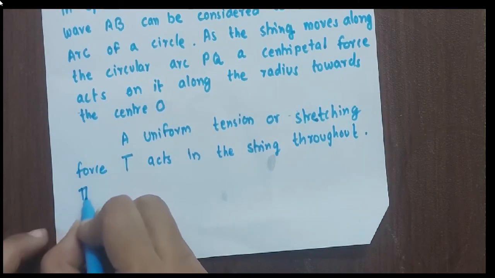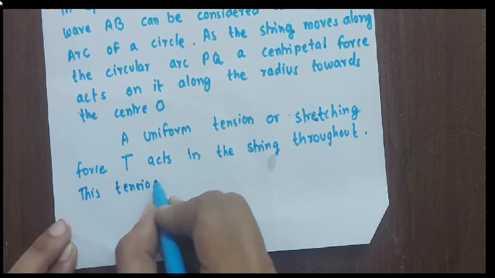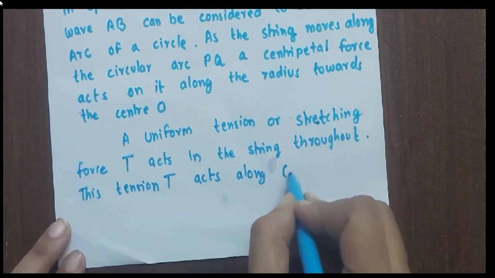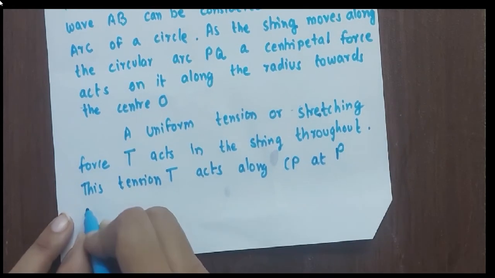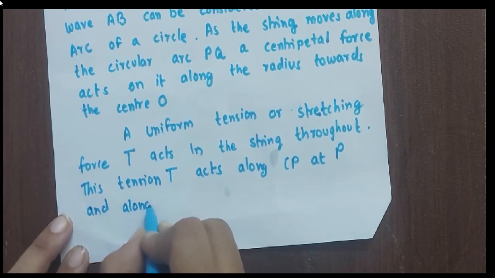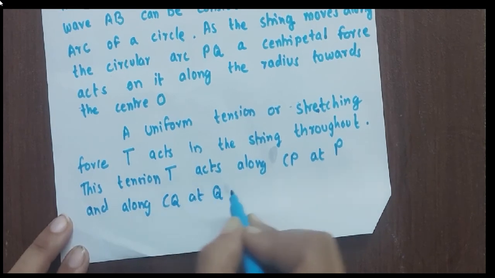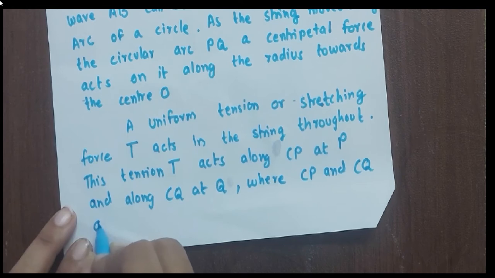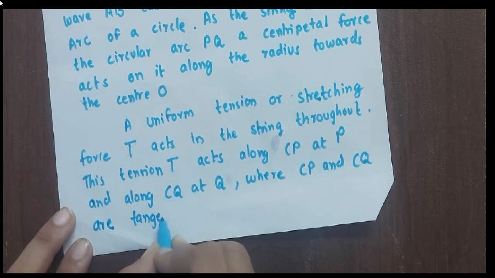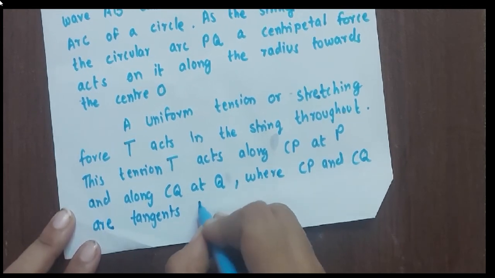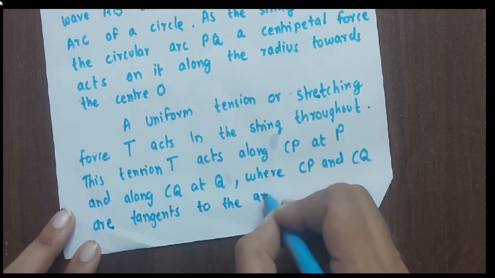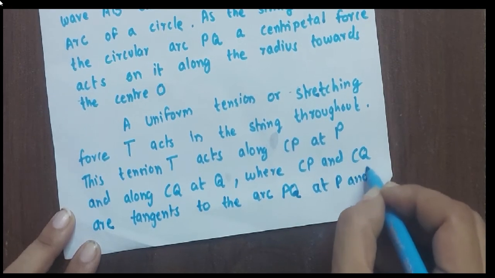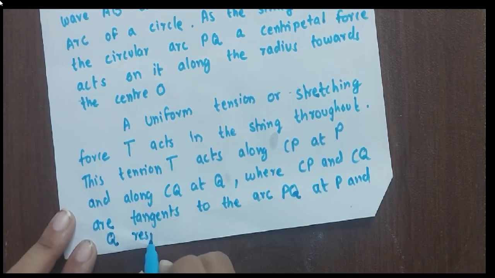This tension capital T acts along CP at P and along CQ at Q, where CP and CQ are tangents to the arc PQ at P and Q respectively.